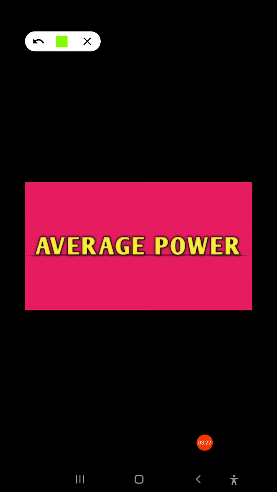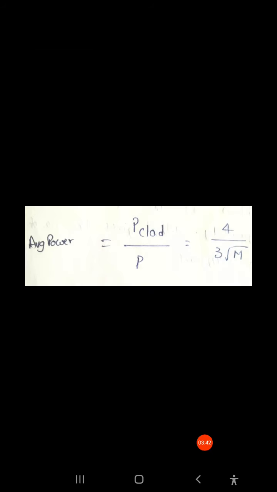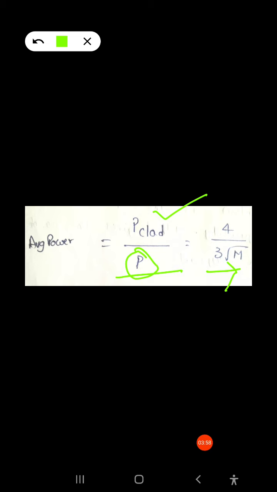It is the fraction of average power in the cladding to the optical power in the fiber, and that can be expressed as P cladding by P, that is equal to 4 by 3 root M. Here P cladding means the power in the cladding, and P denotes the optical power in the fiber.